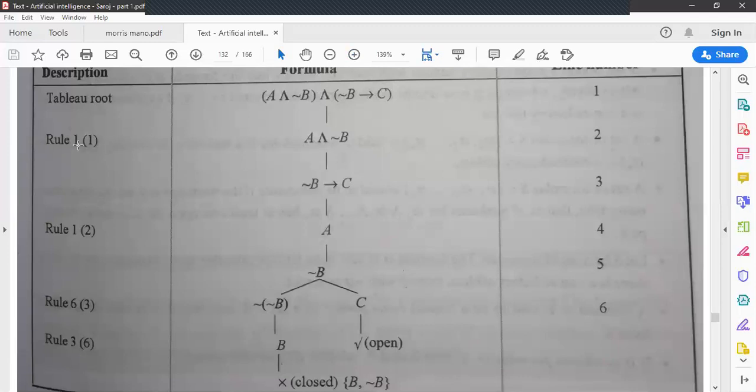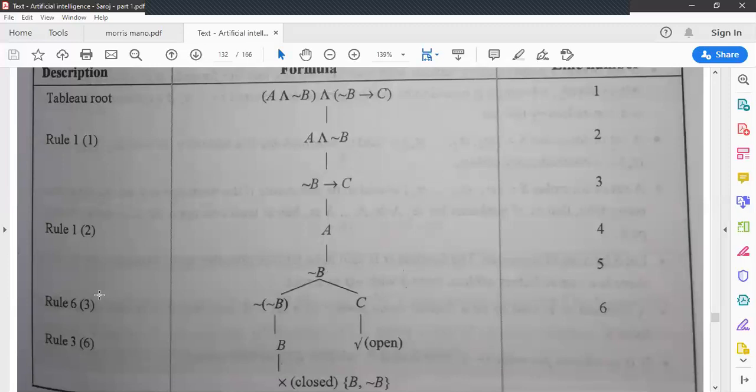So you are applying rule number 1 on line number 1. You get two more lines after application of this rule, and then you apply rule number 1 on line number 2. Line number 2 is A and not B. You write A and not B, where this is alpha and this is beta.